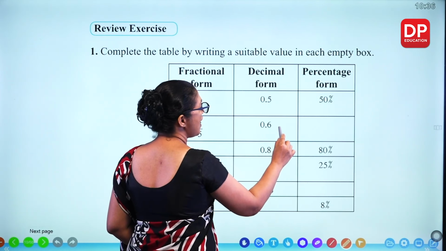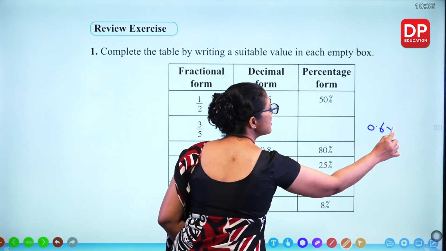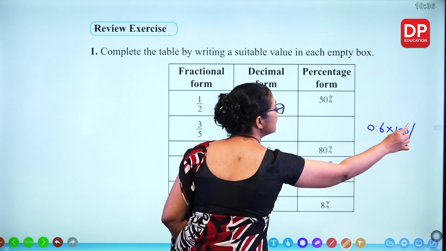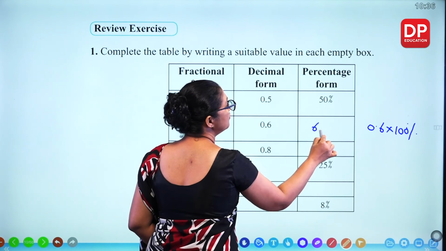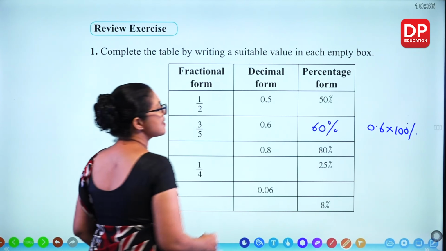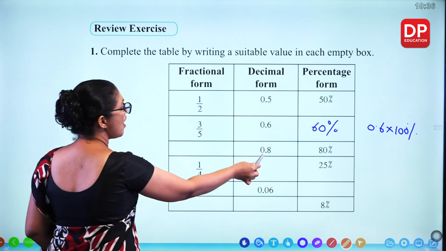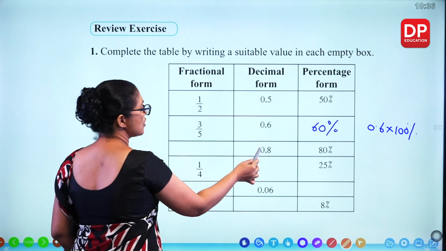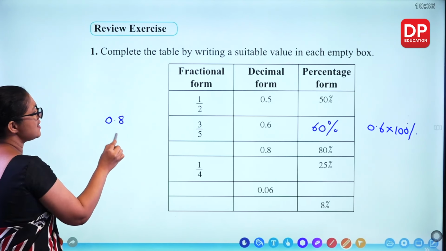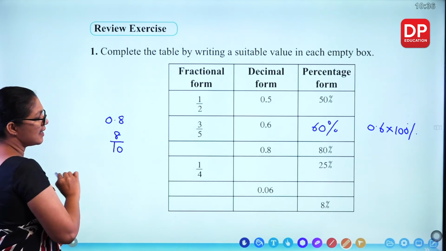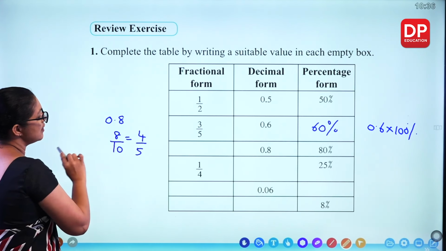So 0.6 multiplied by 100, 2 places to the right, you get 60%. This one you are asked to convert to a fraction. So 0.8 you can write as 8 over 10. Now simplify 8 over 10, you get 4 over 5.